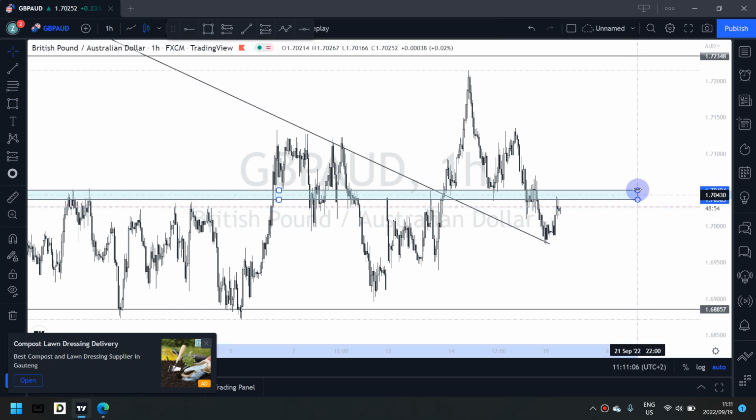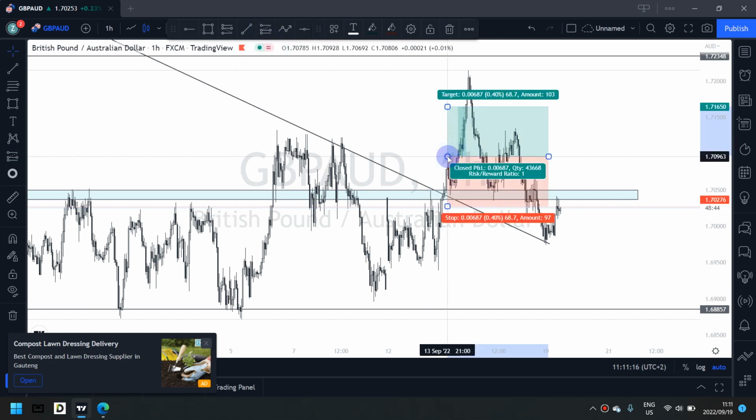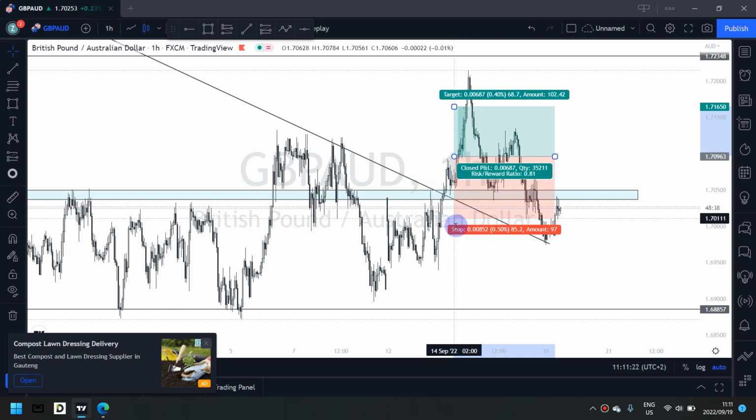And yeah, now as you can see, I think before I did have an entry around here. I had an entry exactly there, and I had my stop loss around here.